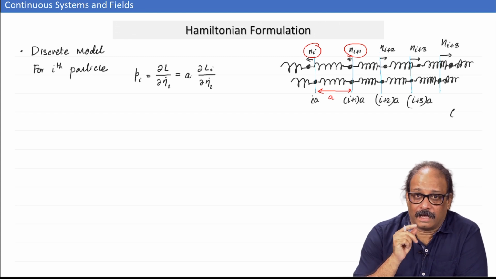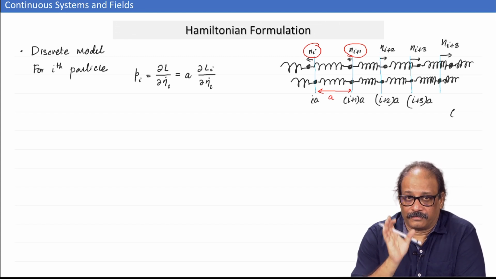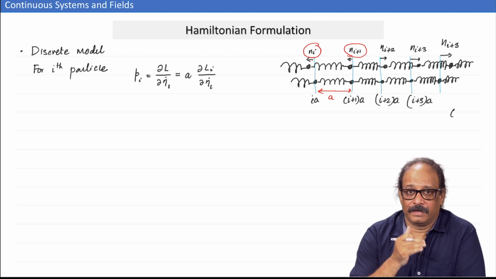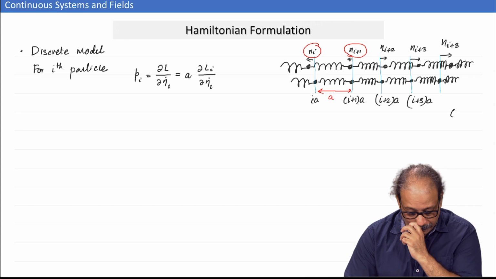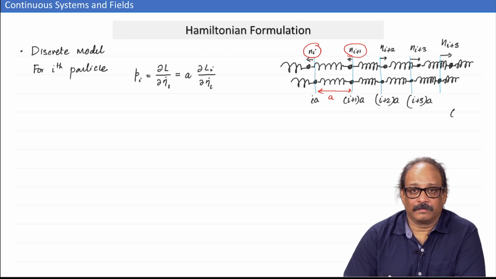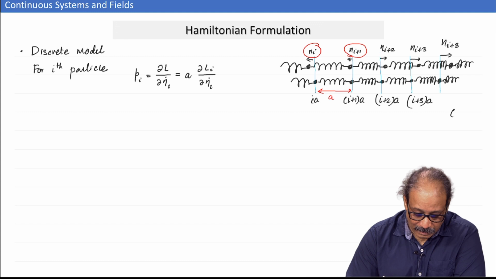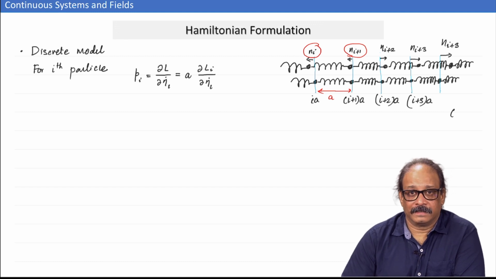Now, I want to do the same thing for the finite system. I will write down the Hamiltonian of the system. So, for the ith particle, I will look at the conjugate momentum p_i, or define it as del L over del eta_i dot.